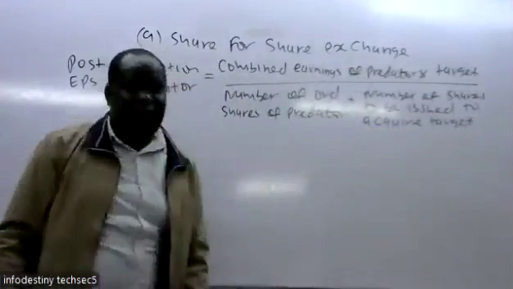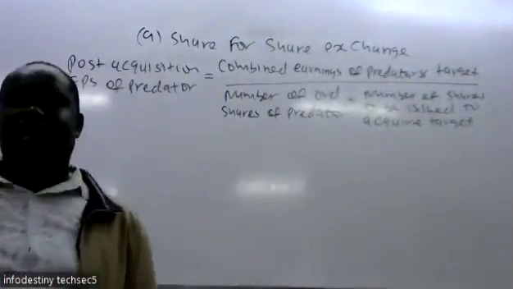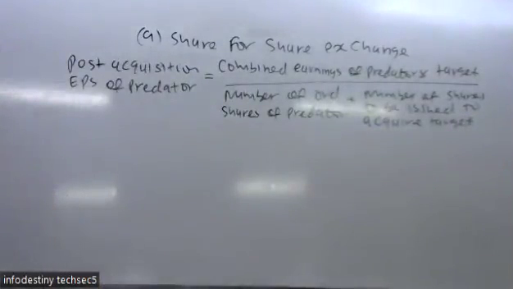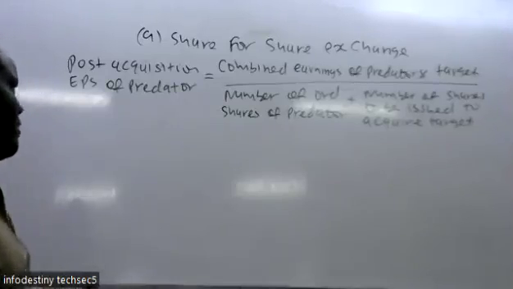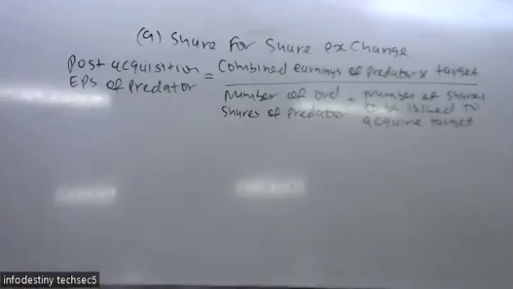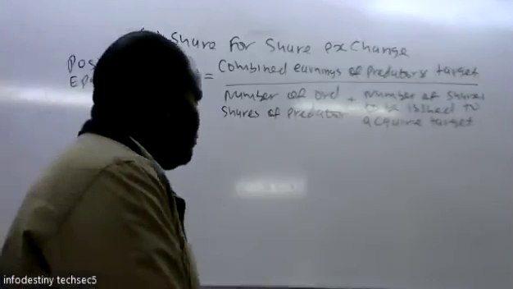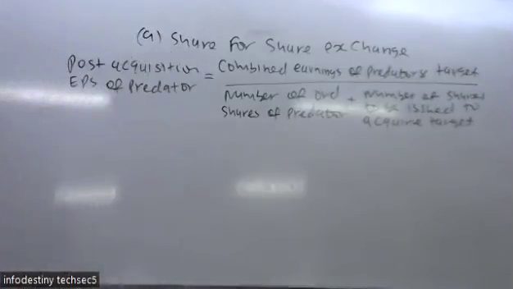So when it is a share-for-share exchange and we want to compute the earnings per share of the predator after the merger, we simply get the combined earnings of the predator and the target. We divide by the number of ordinary shares of the predator, but we add the number of shares to be issued to acquire the target.